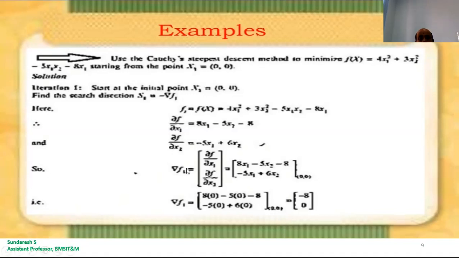Once I start the class tomorrow, first I will check these values, then I will proceed to the next method. I will dictate once again: f of x is equal to 4x1 square plus 3x2 square minus 5x1 into x2 minus 8x1, starting from the point x1 equal to 0. Hope you will solve this problem by tomorrow.